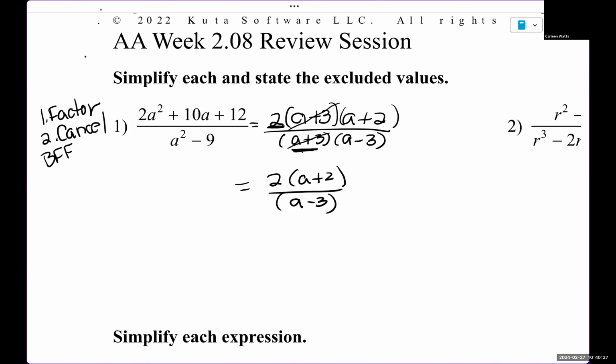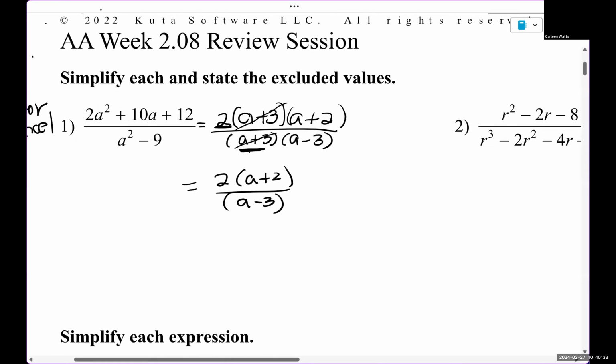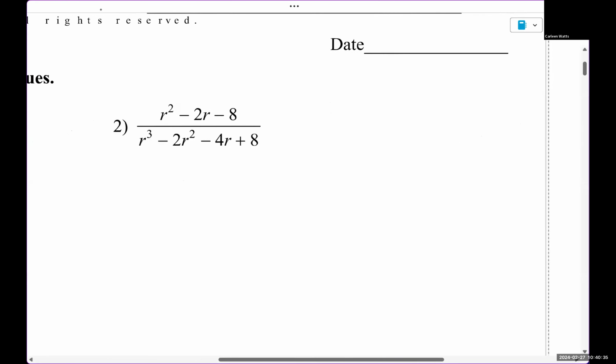Okay, factor the top and the bottom completely, cancel the BFFs. 2 steps. So the top, let's go ahead and make a diamond. 2 numbers that multiply to get -8 and add to get -2.